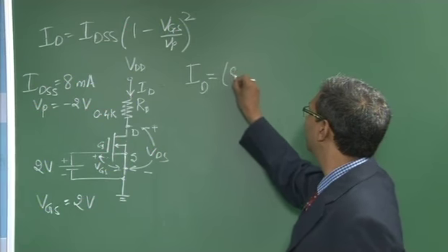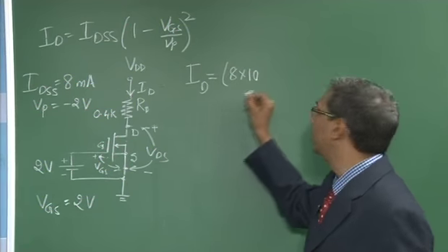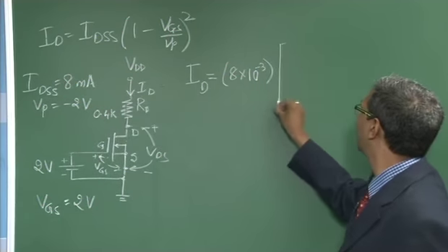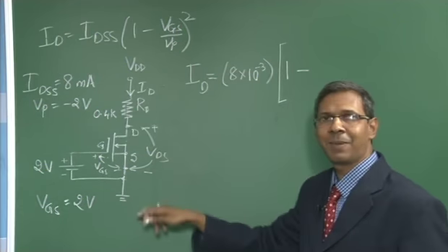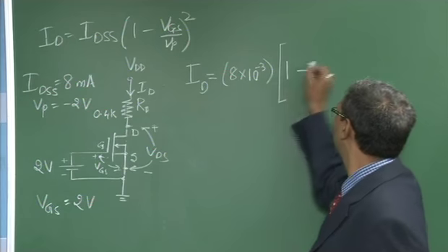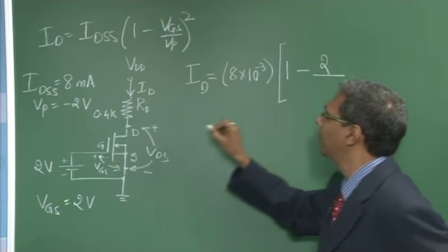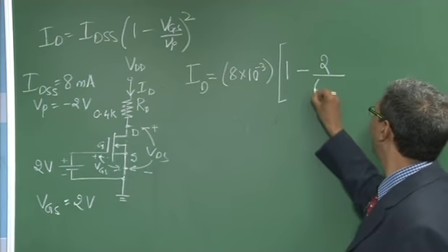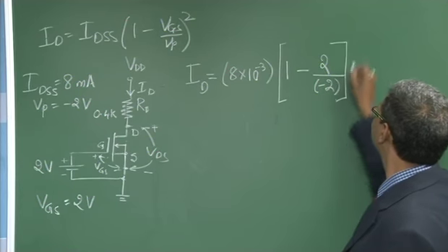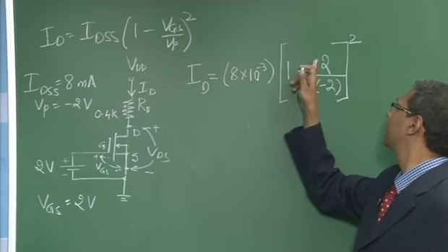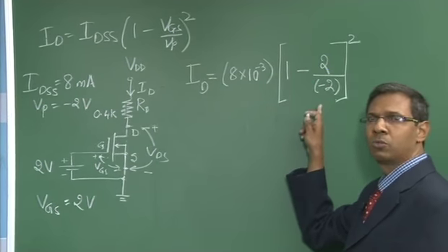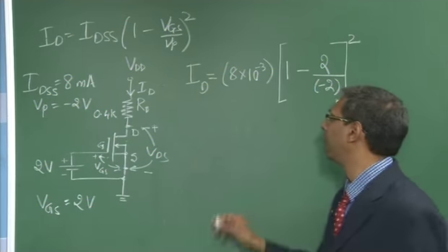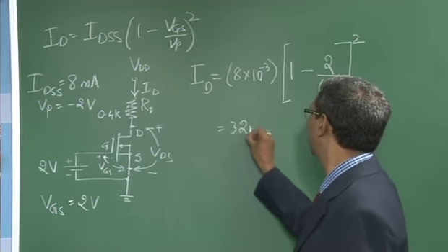So 8 into 10 raised to minus 3, into the bracket 1 minus VGS, which is 2 volts, divided by VP. Another possible mistake: VP is negative, so write minus 2, and this entire thing is squared. This becomes 1 plus 1, which is 2, and 2 squared is 4. So your ID will come to be 32 milliampere.